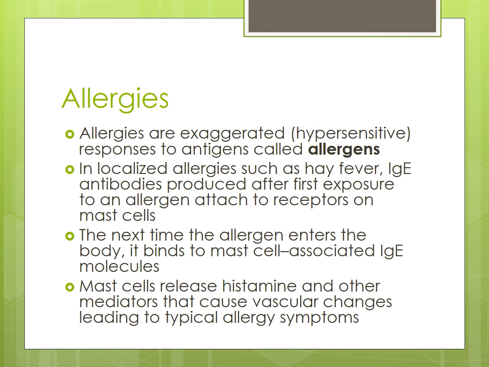During pollen season, your nose gets itchy and your eyes start watering and your nose starts running. Well, it's because of those mast cells. Those mast cells are releasing histamines, which are causing the vasodilation, and so it's trying to flush that pollen out. And so that's why people take something called an antihistamine, because the antihistamine is going to bind to the histamine to inhibit it from working and causing you to have the allergy symptoms.